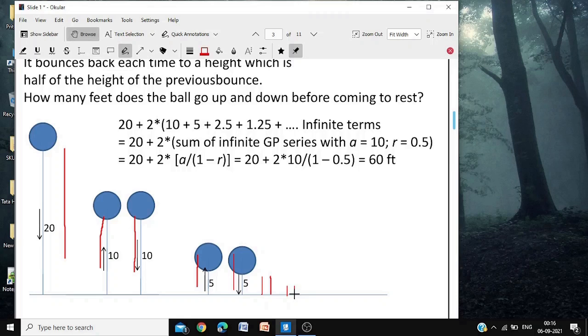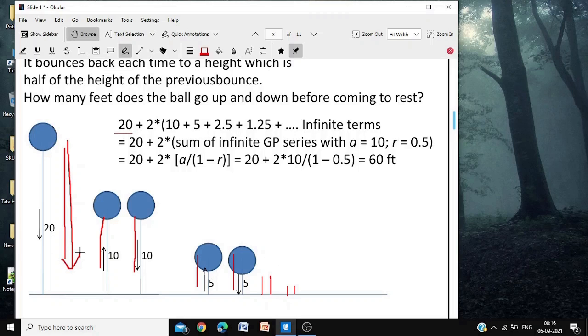Each time it bounces up to half the previous height and then comes down. So, except for this 20, which is the ball dropped from a height, it is up 10, down 10, up 5, down 5, up 2.5, down 2.5, up 1.25, down 1.25. So we have the initial 20, which is only in one direction, downwards.